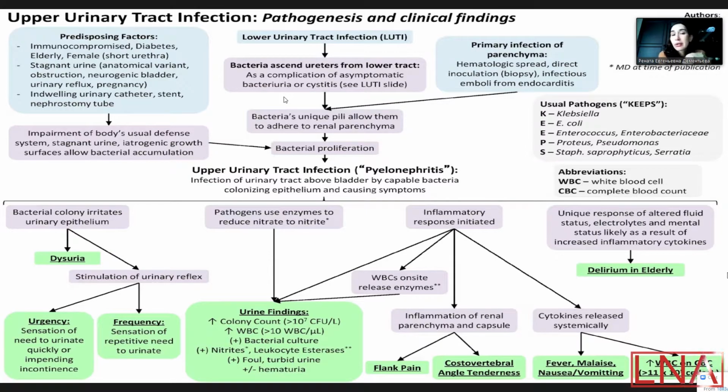Infection of the urinary tract above the urinary bladder by bacteria capable of colonizing the epithelium causes all the clinical symptoms of kidney problems, separated into four groups. A bacterial colony irritates the urinary epithelium, leading to clinical symptoms like dysuria.